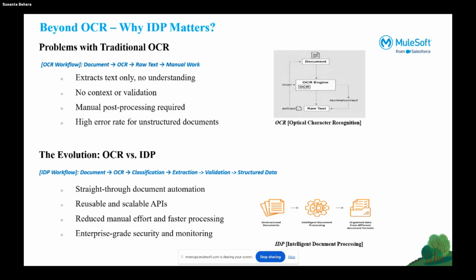When they start manual document processing, the error rate goes up, and it is not at all structured data; it is a fully unstructured document. That is how OCR currently works, and there are some drawbacks.